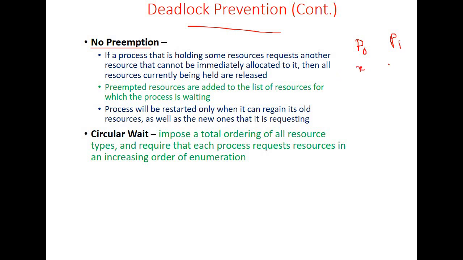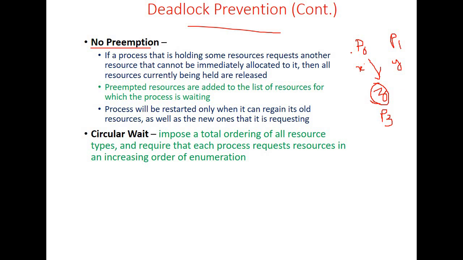P0 is holding X, P1 is holding Y. P0 requires Z. Okay, but Z is not available. It is held by some other process, P3. Suppose P0 requires Z, but it is held by P3.